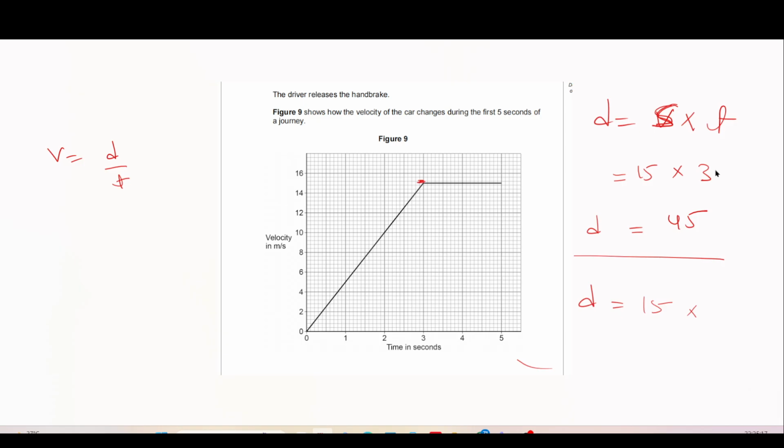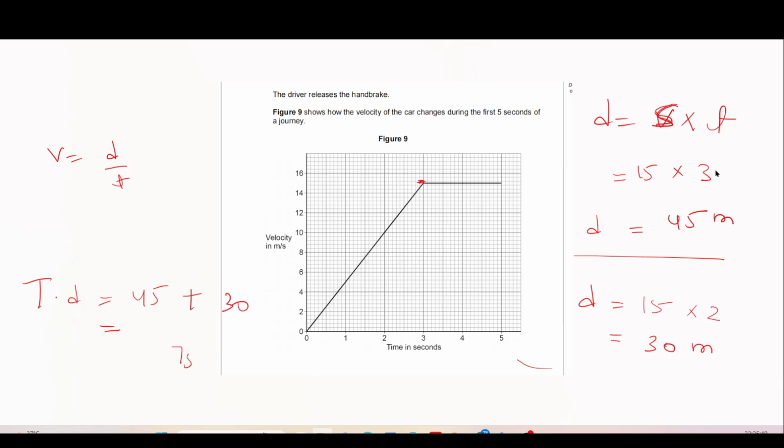And the time is 2 seconds. So this is going to be 15 times 2, which is 30 meters. Then you add them together. So total distance is 45 plus 30 meters. 75.